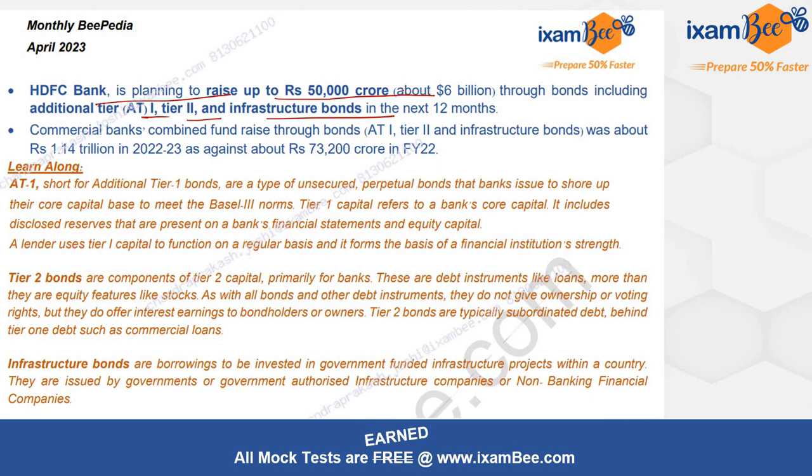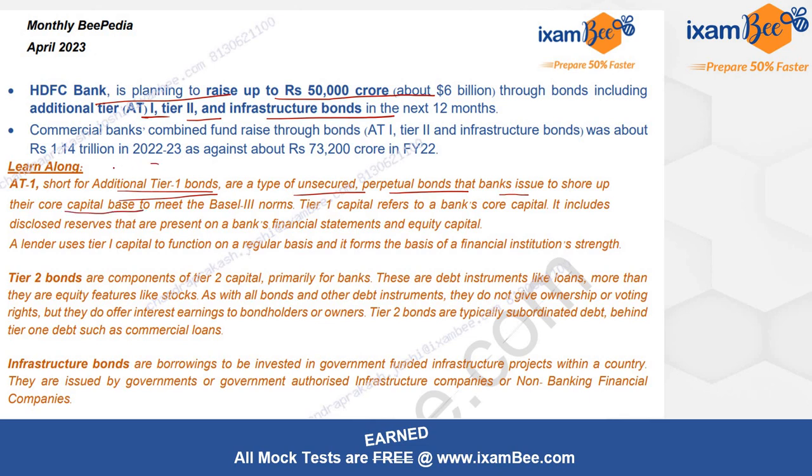In fact, Tier 1 bonds have also been in the news because of the Yes Bank case, in which RBI scrapped these bonds, and the matter is now in the Supreme Court questioning even RBI's move. So additional Tier 1 bonds are a type of unsecured perpetual bonds that banks use to shore up their capital base.